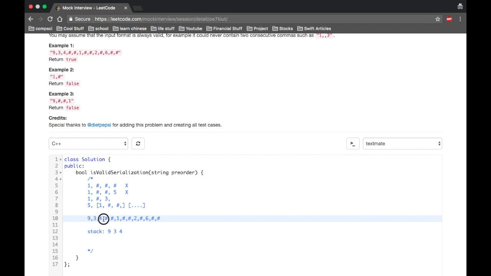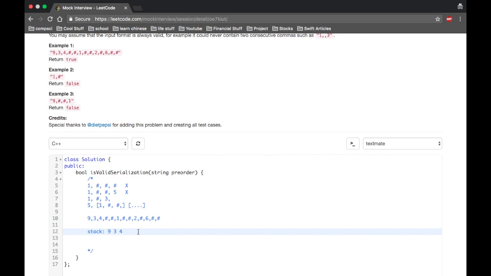So that's why the double hash marks still work. Whereas if it was just 4 hash and 1, the 2 hashes would cancel the 4, and then the 1 would make this false. So yeah, maybe I do need a stack.